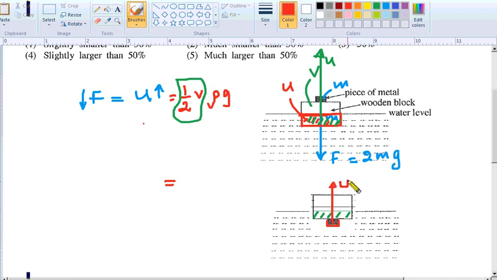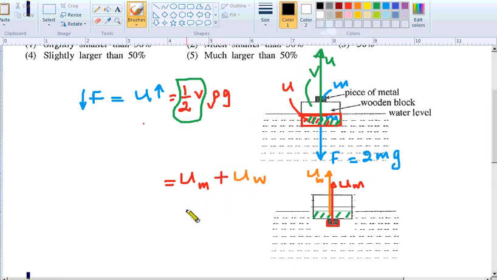So that gives an upthrust, say U metal. That also we have to take into account. So the upthrust given by the metal piece and also the upthrust given by the wooden block, say U wooden.